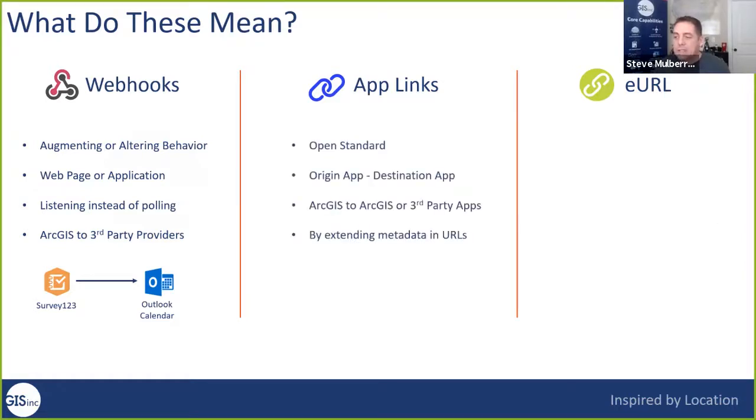Application links takes us a little step further. It's an open standard for working within native applications running on your smartphone devices, and it allows us to communicate from one application to another application, again, inside of the ArcGIS ecosystem of products or other third-party applications. It does this by extending the metadata context within the URL stream.